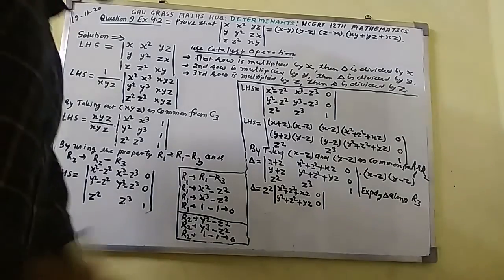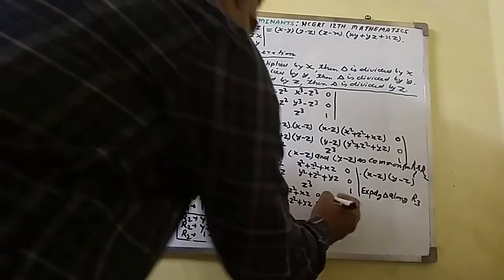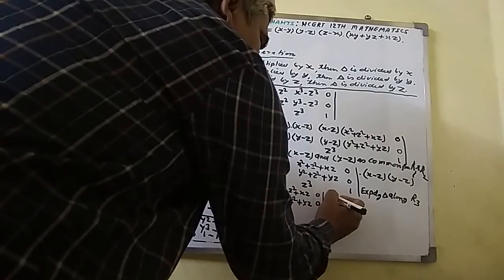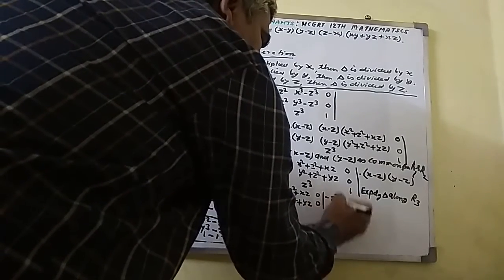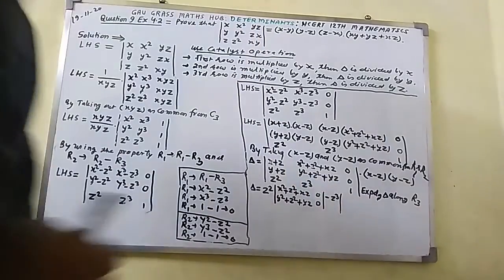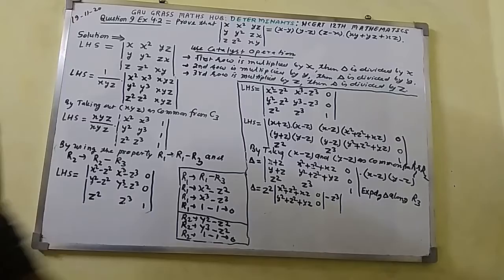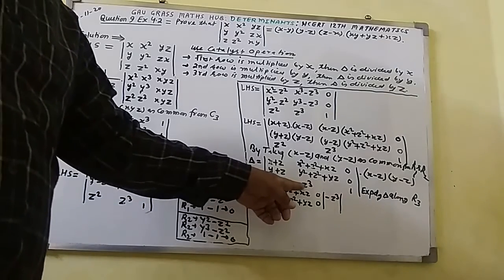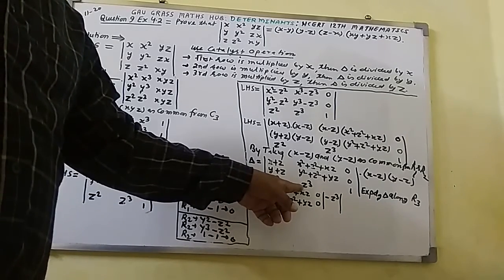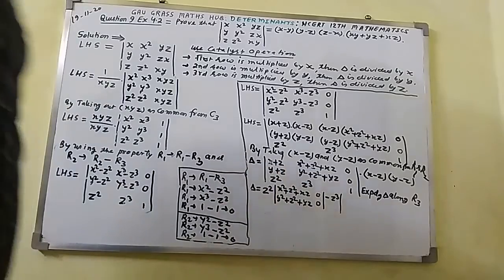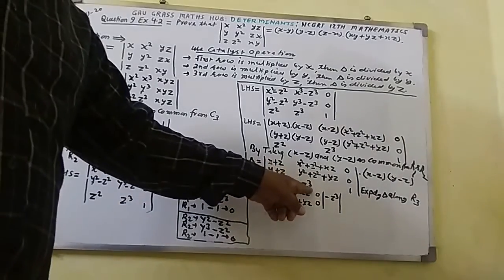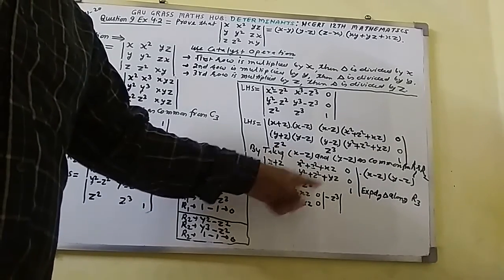And here write plus minus z square here, z cube here. This is z cube, minus z cube. So here it will become the minor of z cube. Z cube is there in the second column, third row.